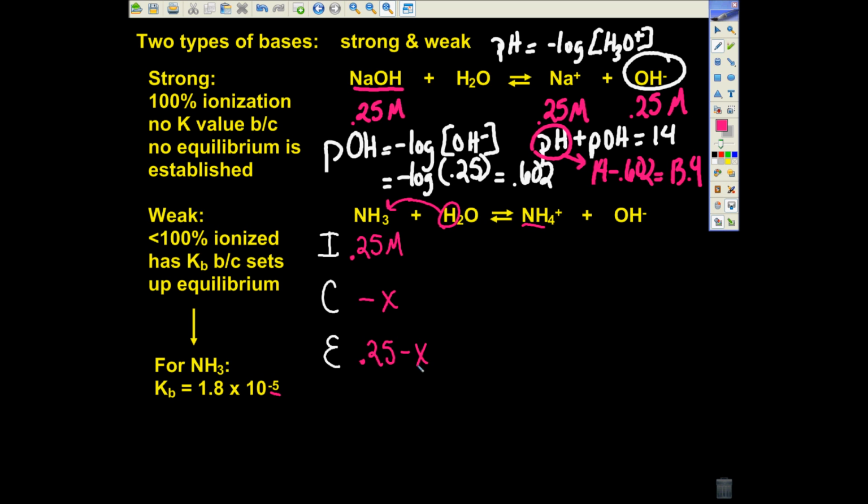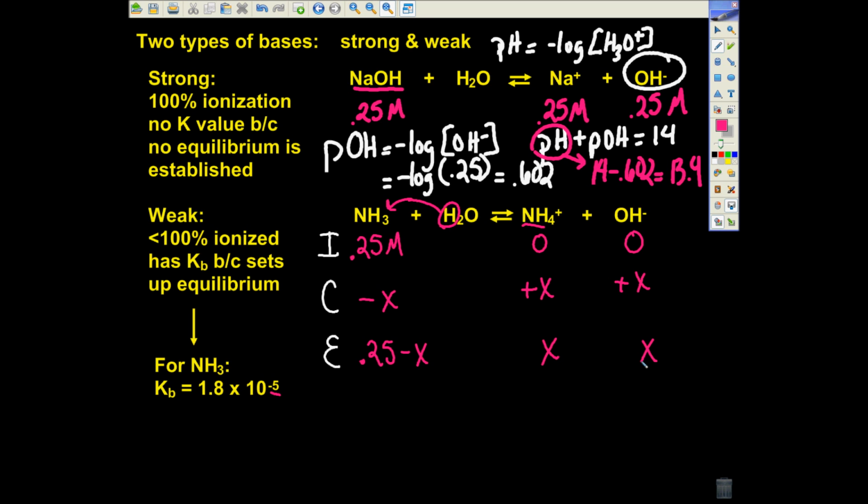So initially I have 0 molar of ammonium and 0 amount of hydroxide. And both of those are going to increase by a value of X, as the ammonia takes away one of those hydrogens. So at equilibrium, I'm going to have X amount of ammonium and X amount of hydroxide.